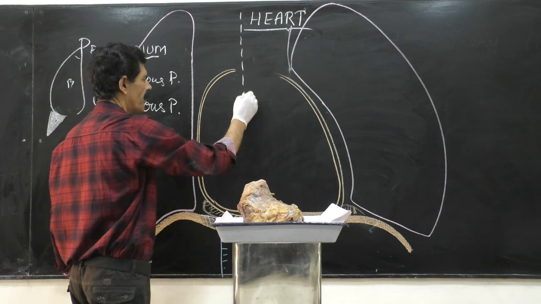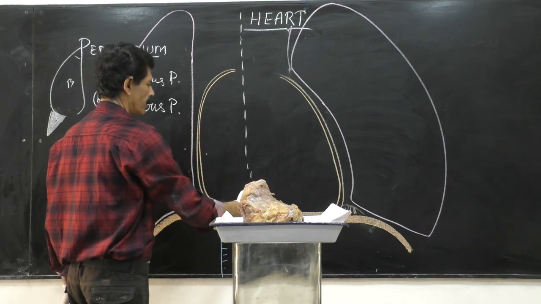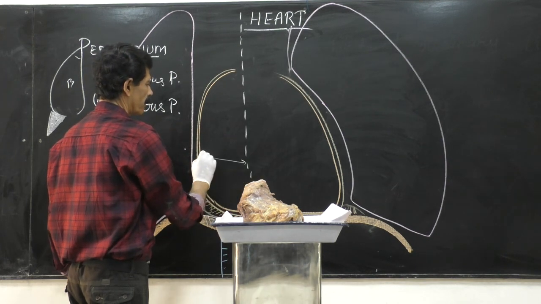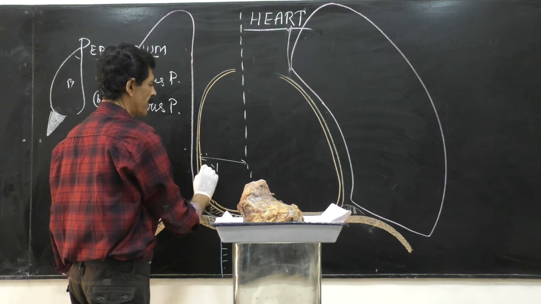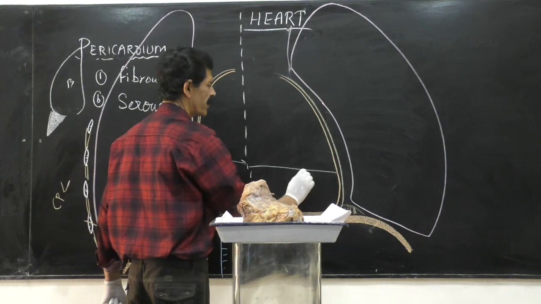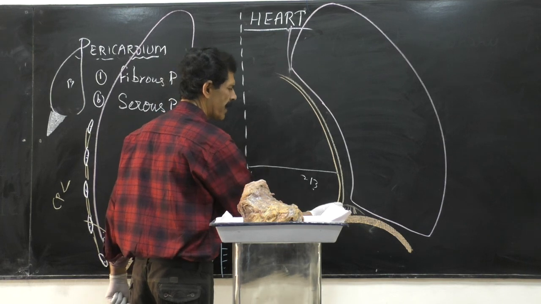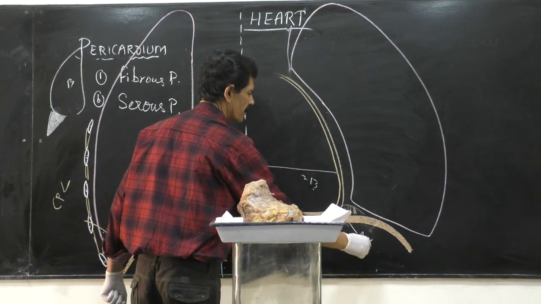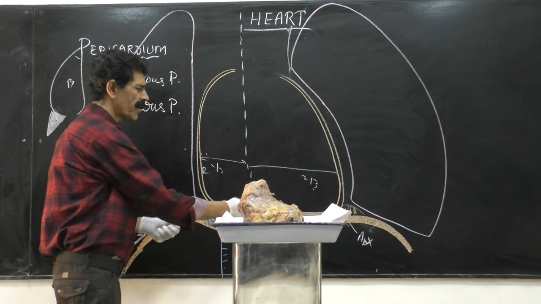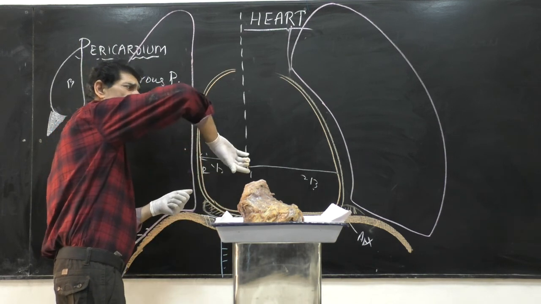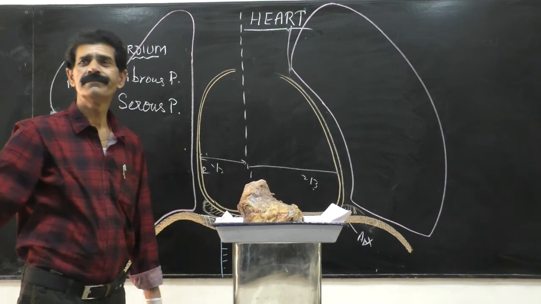This is the midline of the body. On the right side is one-third of the heart, on the left side is two-thirds of the heart. This is the apex. The apex is not in the midline, it is deviated or rotated to the left side.